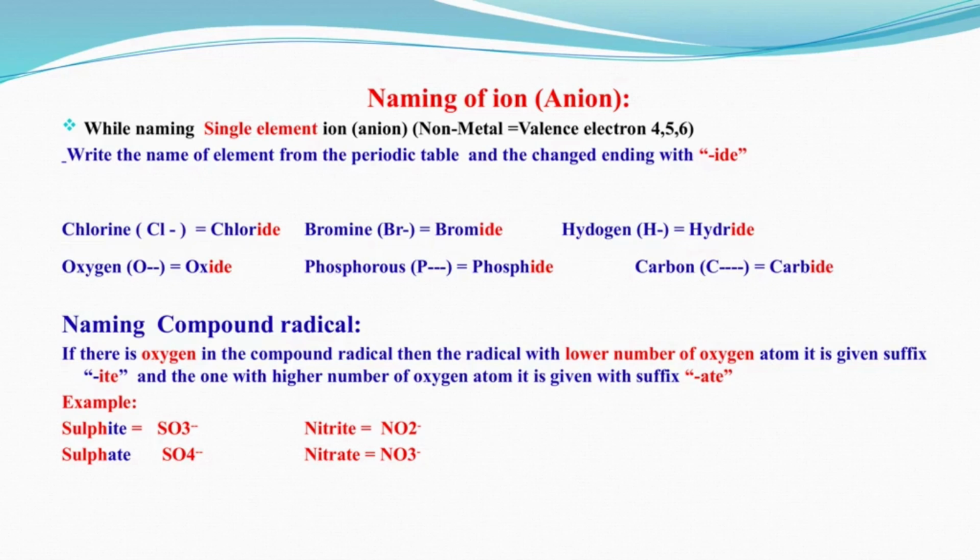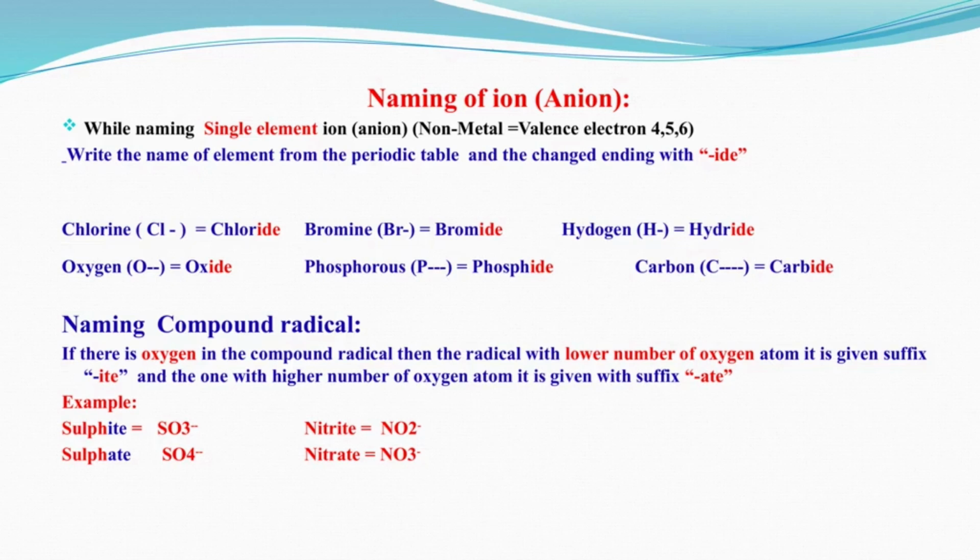One of the rules, for instance, that I am giving you: if there is oxygen in the compound radical, then the radical with the lower number of oxygen atoms is treated differently. For example, sulfite and sulfate.